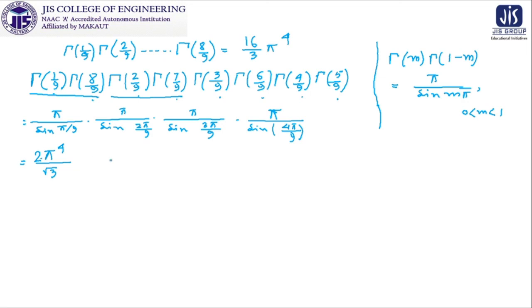And the remaining part is 1 by sine pi by 9, sine 2 pi by 9, and sine 4 pi by 9. Okay. What we are assuming is that theta is equal to pi by 9.